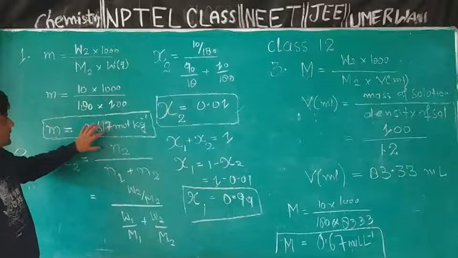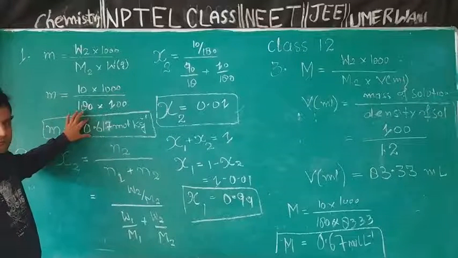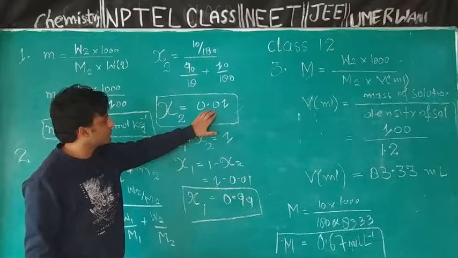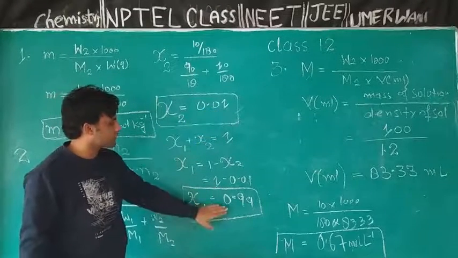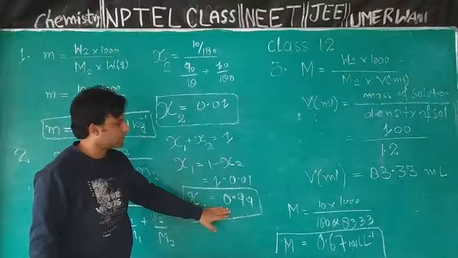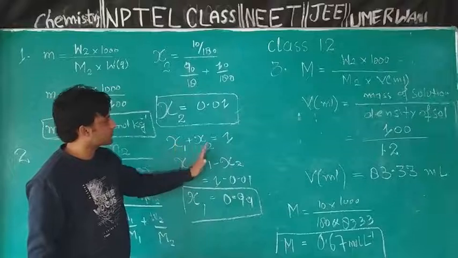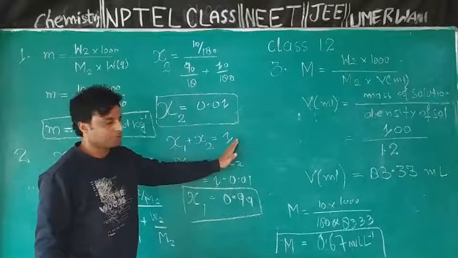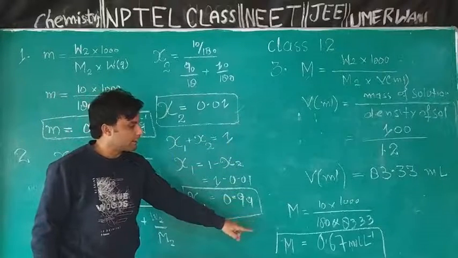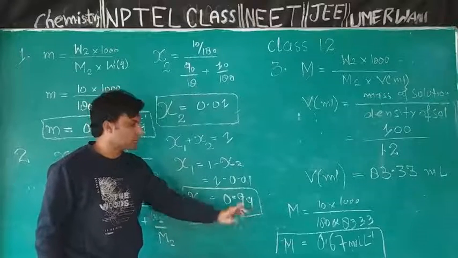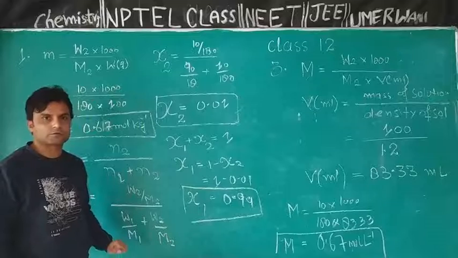Information is 1 kg of solvent has 0.617 moles of solute, fraction of moles of solute are 0.01, fraction of moles of solvent are 0.99. Sum of mole fractions of solute and solvent is 1. Molarity is 0.67 and information is that 1 liter of solution has 0.67 moles of solute glucose.